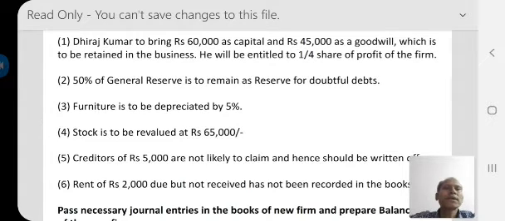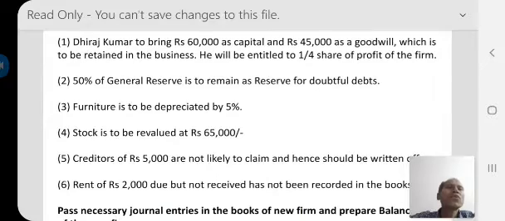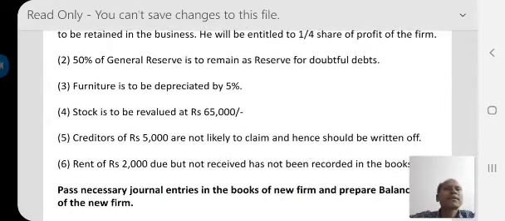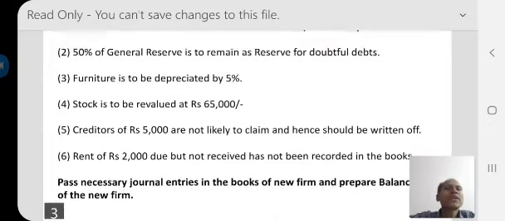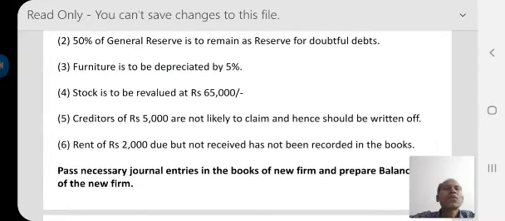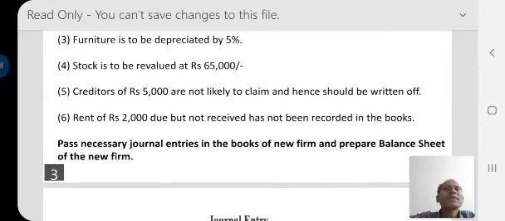Second point is, 50% of the general reserve is to remain as reserve for doubtful debts. Third, furniture is to be depreciated by 5%.